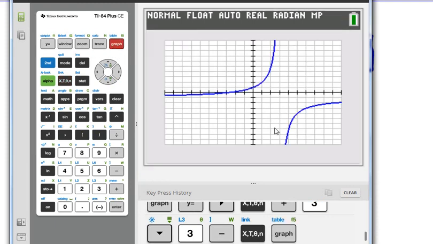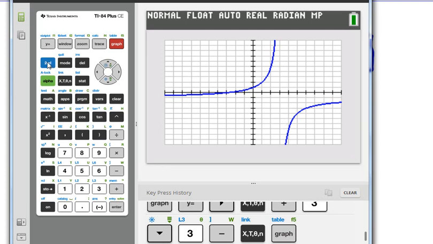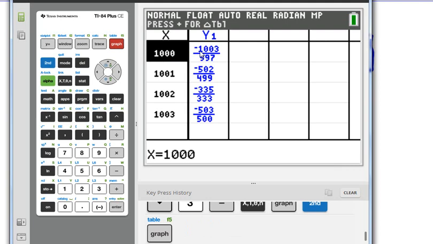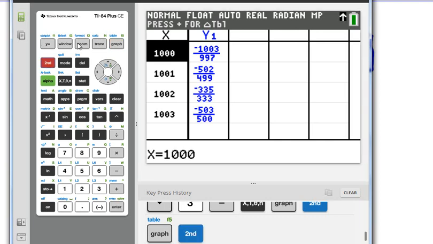A vertical asymptote at x equals 3. And then if we go to table view, and remember I think I had it set table start at 1000. Okay, look, we have negative 1003 over 997. And the farther out you get, the closer you're going to get to negative 1. And the same thing for going the negative direction.